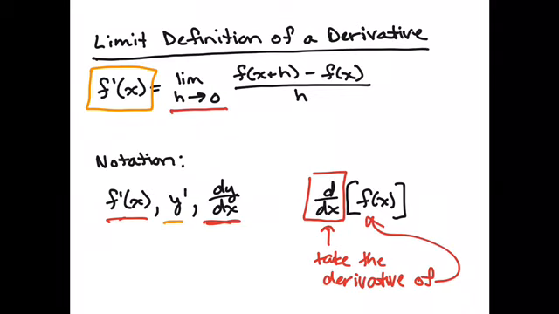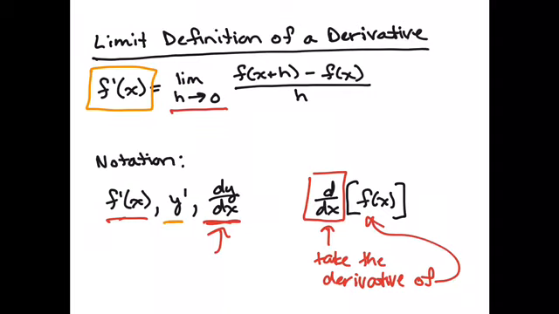This one, the result is dy dx. It means I took the derivative of y with respect to x. This d dx over here means take the derivative of what comes after with respect to x.